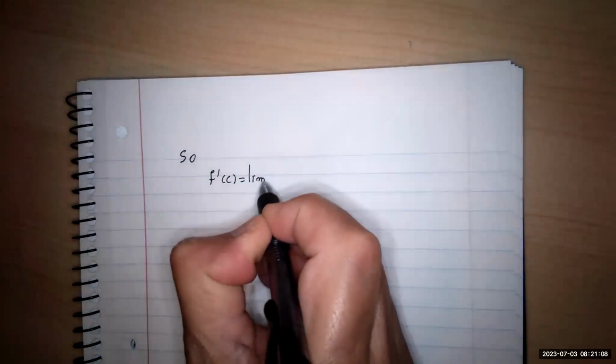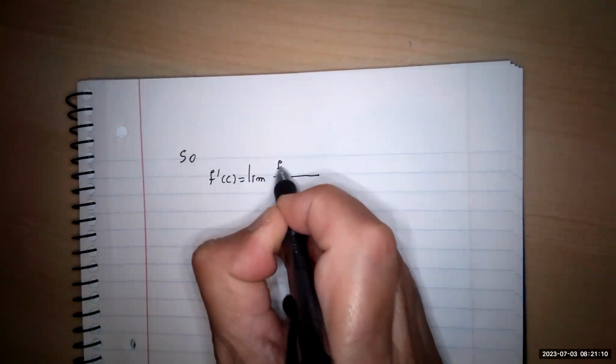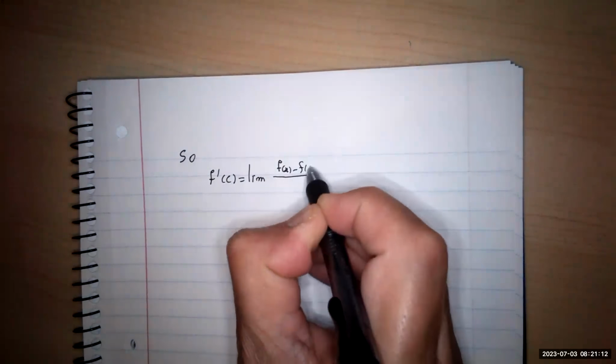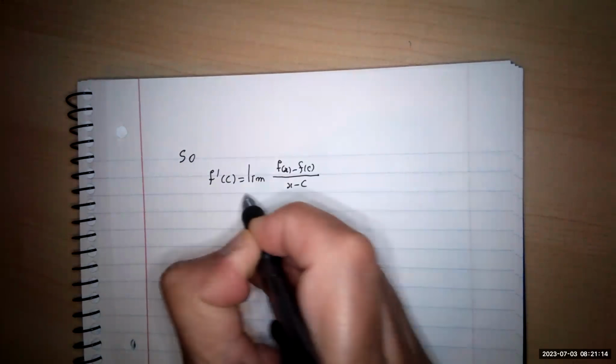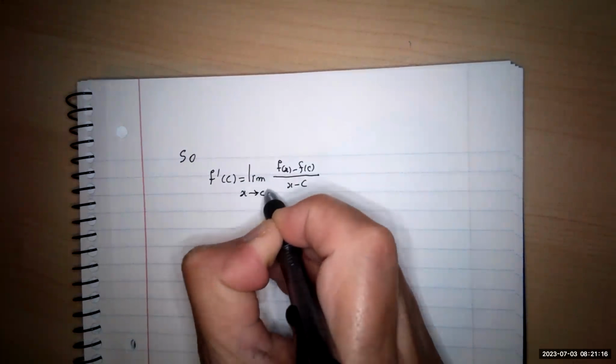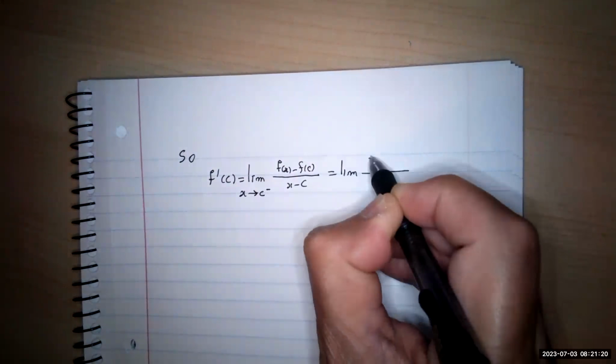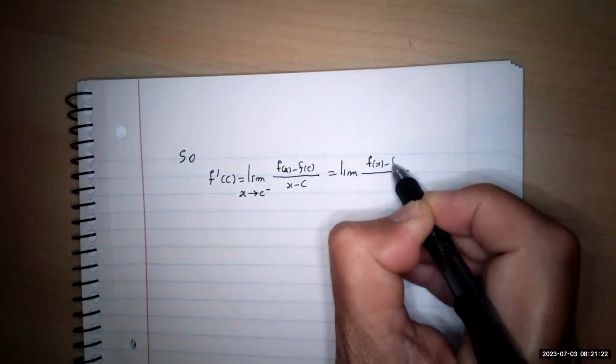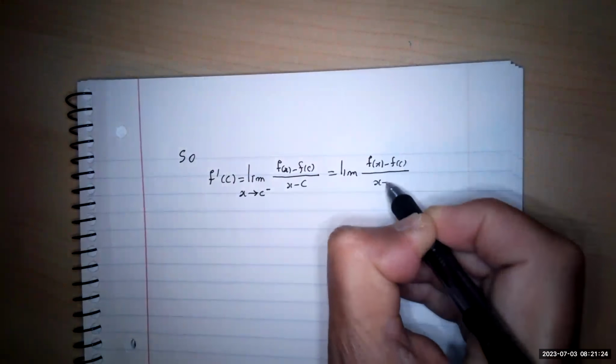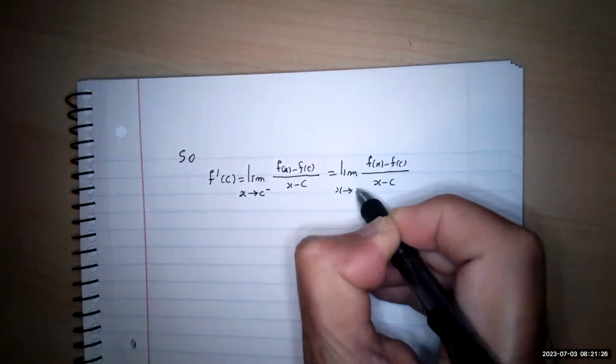So according to the definition of the limit, this is what you have. f prime of C is equal to the right and the left limit: the limit of f of x minus f of C over x minus C as x goes to C negative is equal to the limit of f of x minus f of C over x minus C as x goes to C positive.